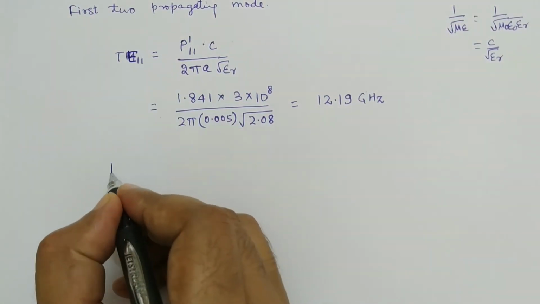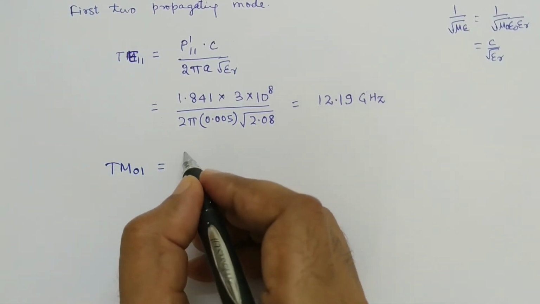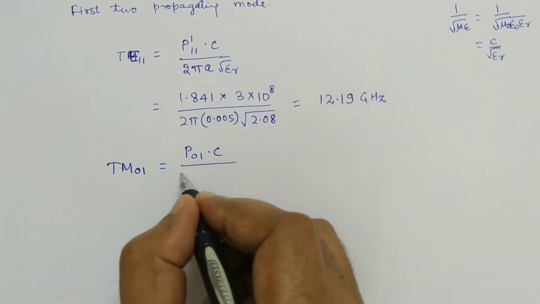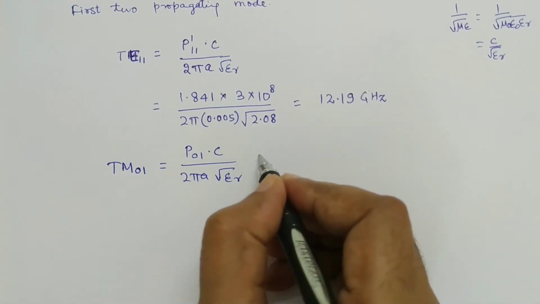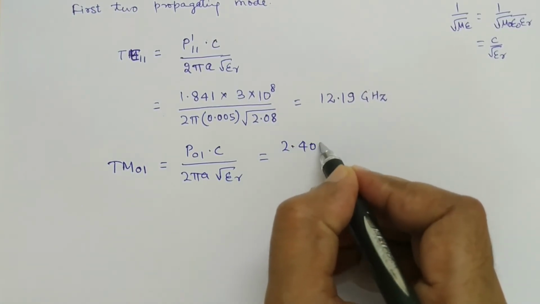Now next is the TM01 mode. So we have to take the value of P01 into C by 2 pi A under root epsilon r, and P01 is 2.405.